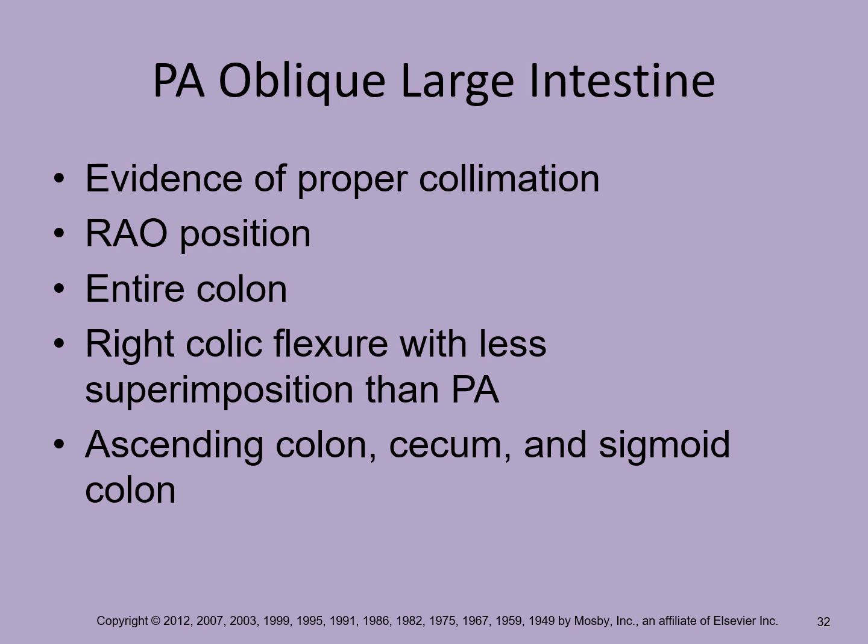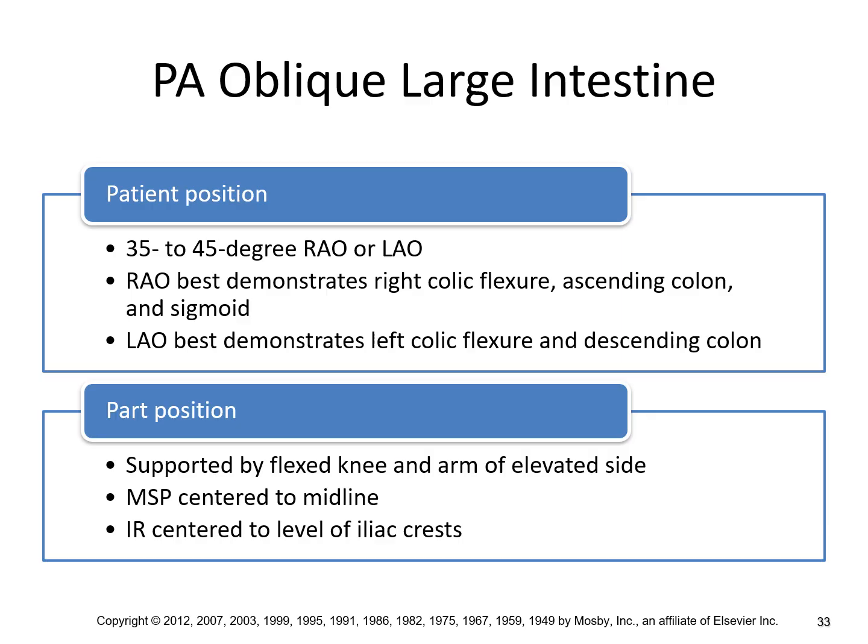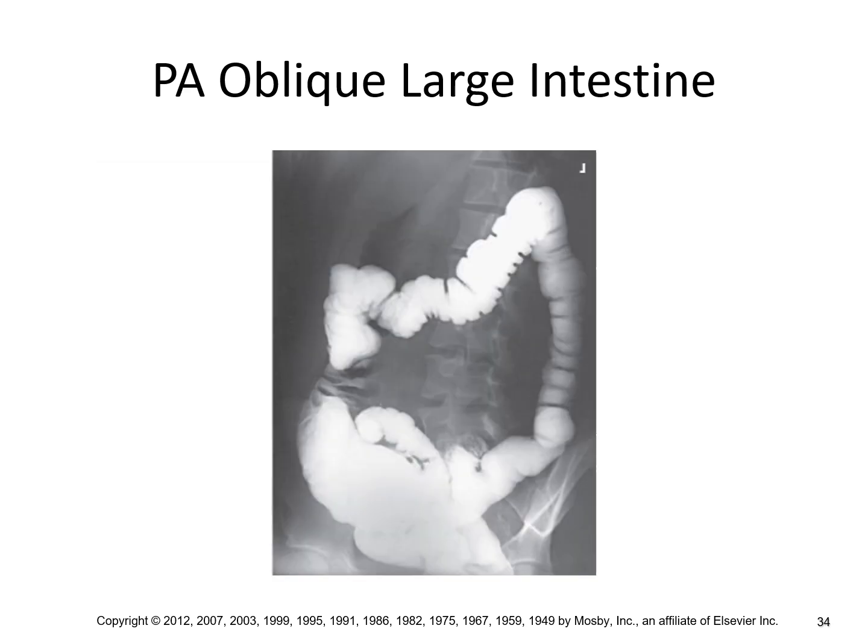And again, this is the same as it was before. And then that's for the splenic flexure. This is single contrast. We don't have any air bolus in there. That's why it looks a little different, but you can see the splenic flexure is partially open and the descending colon is displayed free of superimposition.